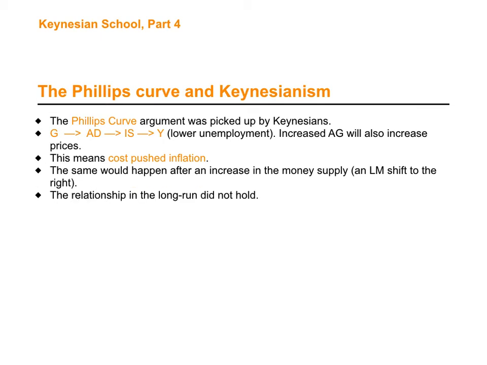So this relationship within the Keynesian school was seen as a short-run relationship, not really a relationship in the long run. And actually, many analyses have been done in the past years regarding the Phillips curve, and there is evidence that this was more like a short-term, very specific type of relationship that could not be generalized.